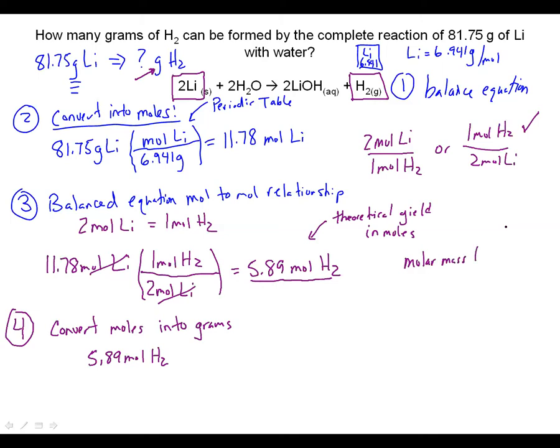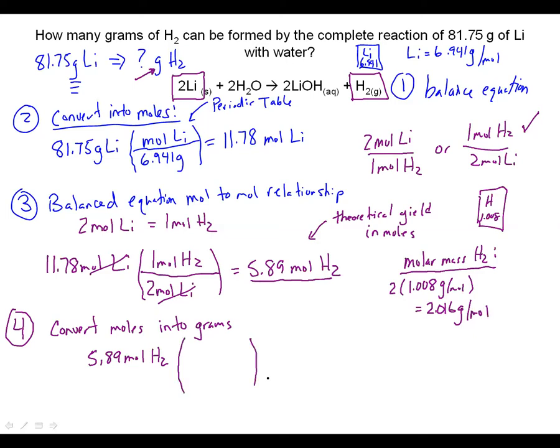That is 2 times 1.008 grams per mole, which is what you find underneath hydrogen. That gives us a molar mass for H2 of 2.016 grams per mole.